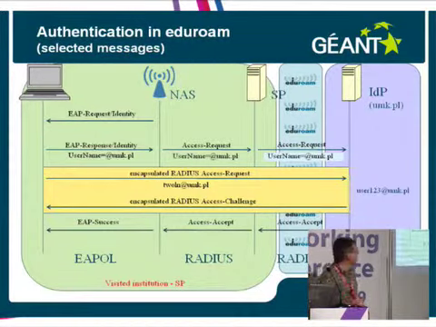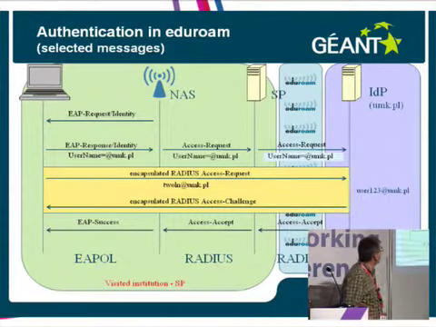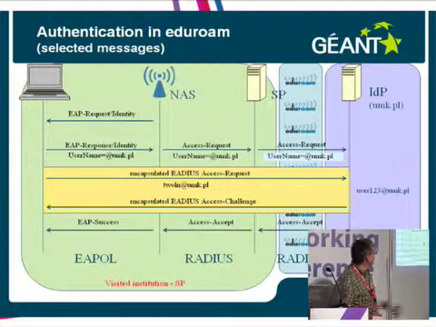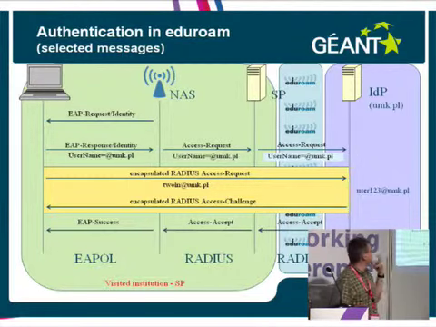So the important thing here is what we see on the top. The user authenticates, or at least may authenticate, by just providing a very general name, which essentially just has the realm in it.